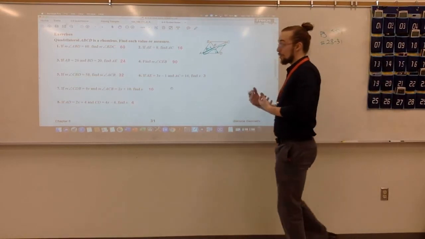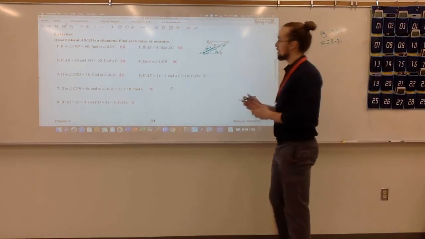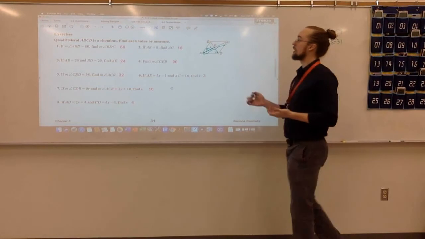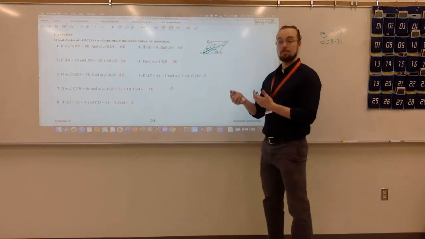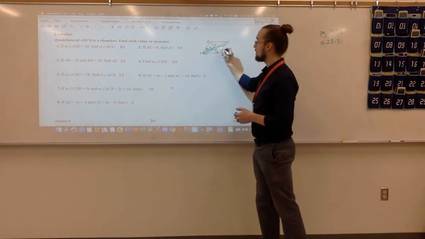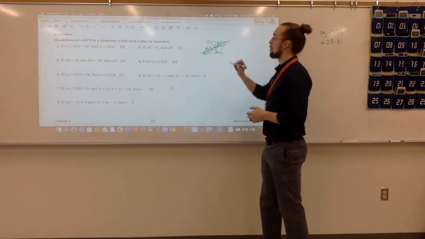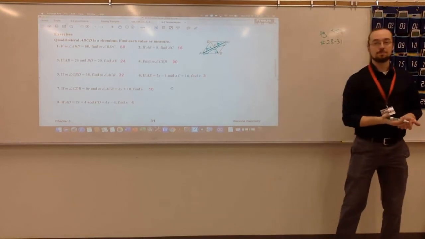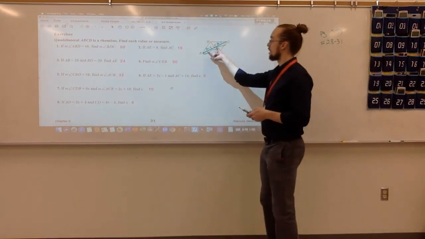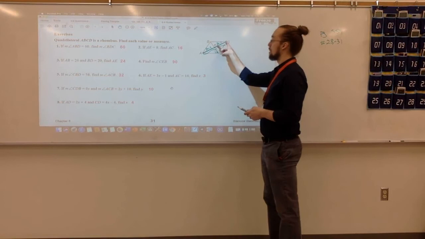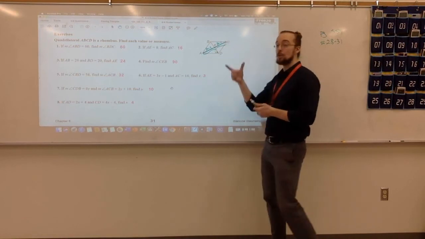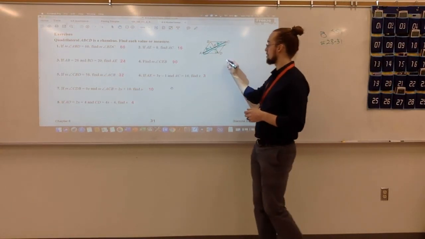Okay, well, there's a couple of ways to do this, but I think maybe the easiest one to see is that we know the diagonals bisect each other. So if AE is 3x minus 1, that means EC is also 3x minus 1. So what we can do is say 3x minus 1 plus 3x minus 1 equals the whole thing of 16.